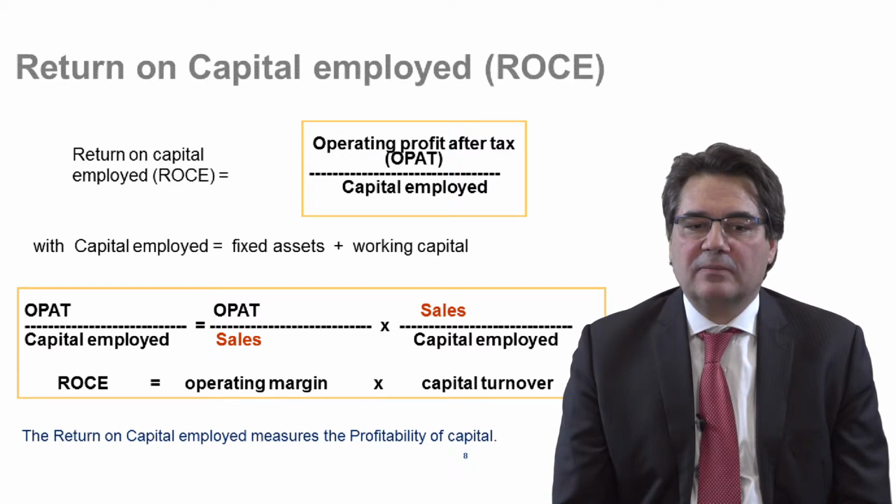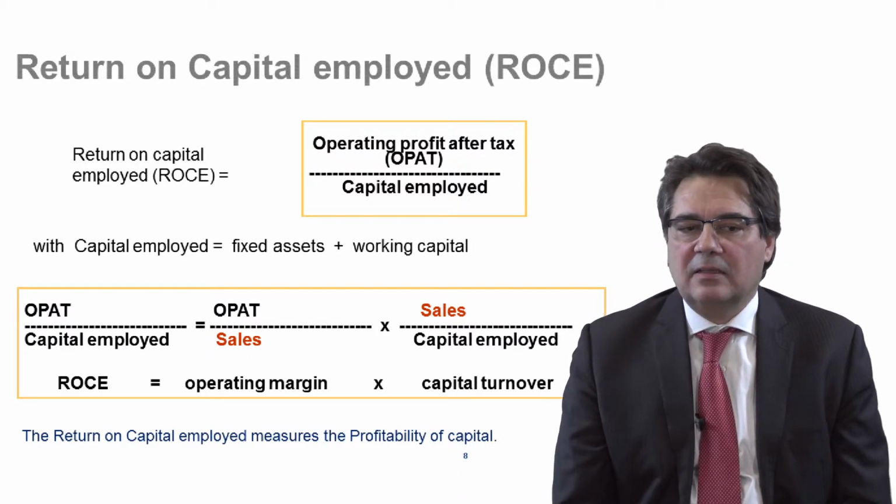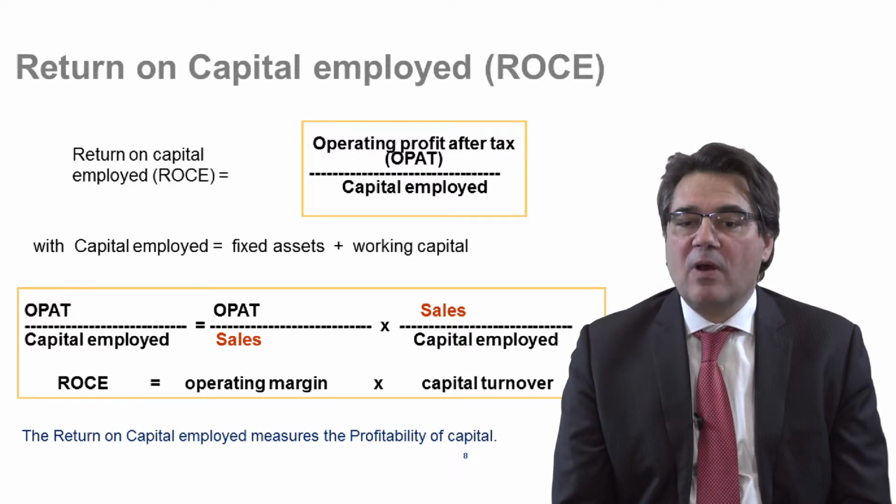The first ratio, operating profit after tax, corresponds to the operating margin generated by the company, while the second, sales divided by capital employed, reflects asset turnover, which indicates the amount of capital employed required to generate a given level of sales.